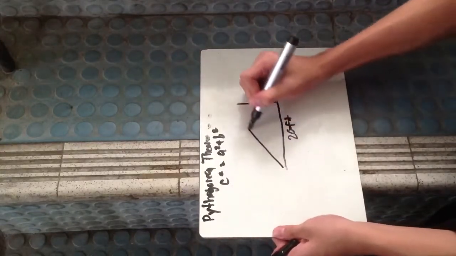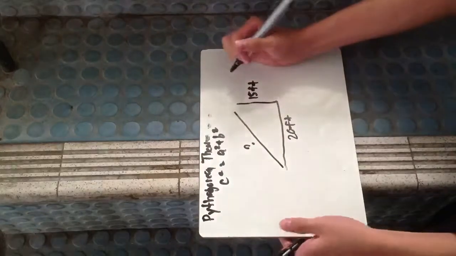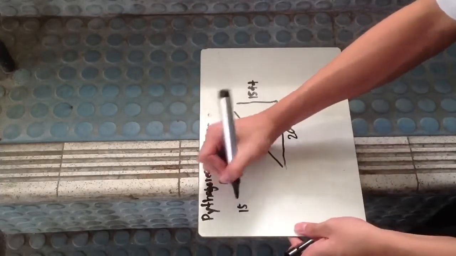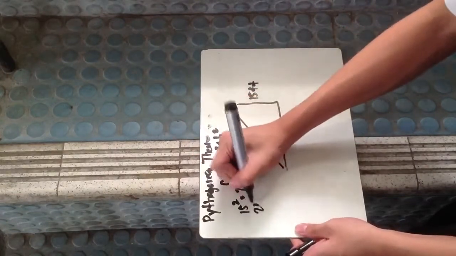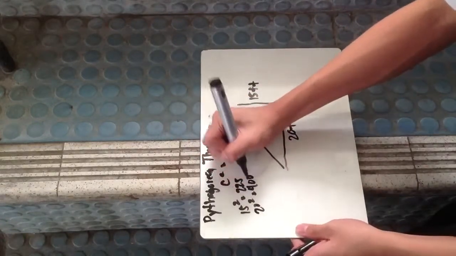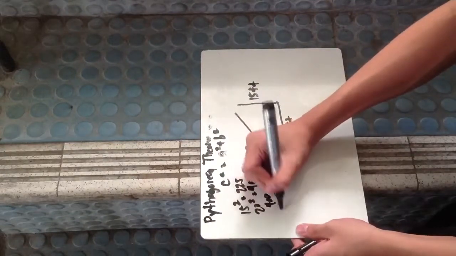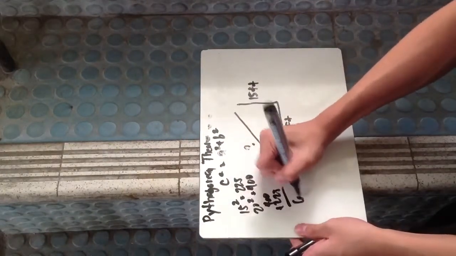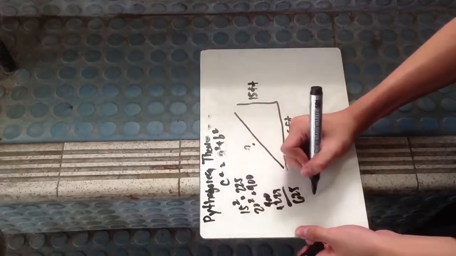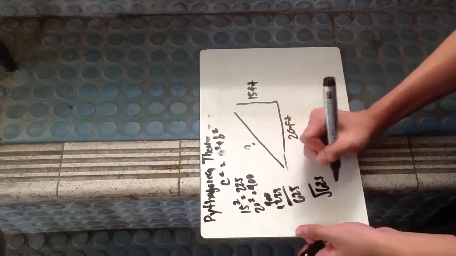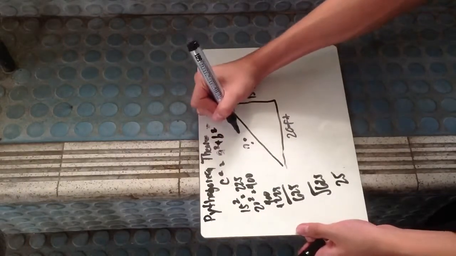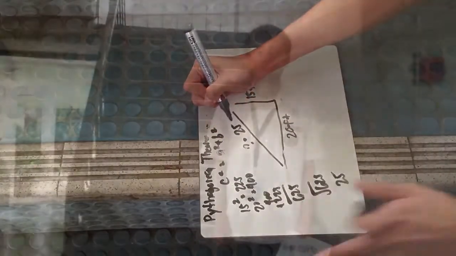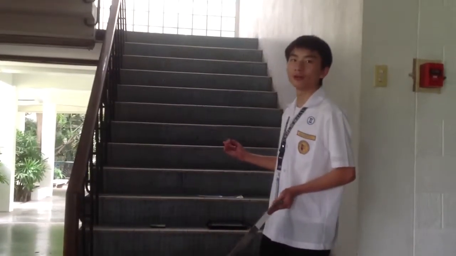So this is question mark. 15 squared is equal to 225. 20 squared is equal to 400. 400 plus 225 is equal to 625. The square root of 625 is equal to 25. So the question mark is equal to 25. With that being said, the engineers will make this ramp 25 feet long.